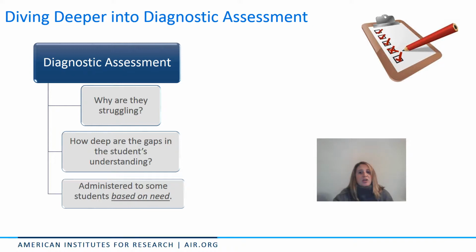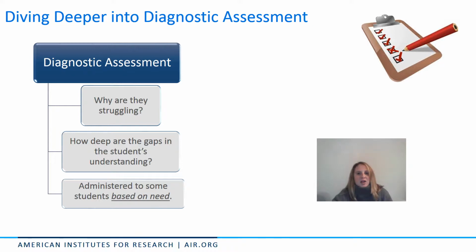When there is a need to dig deeper and gather more information regarding a student that is struggling, to answer the questions, why are they struggling and how deep are their gaps in understanding, we will administer diagnostic assessments. The first avenue is, though, informal assessments, which we will discuss in more detail on the next slide. Informal assessments are less time-consuming to dig into for multiple students compared to formal assessments.